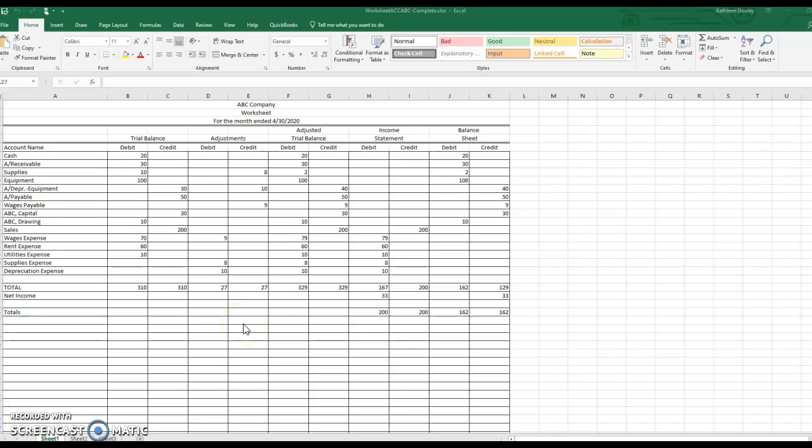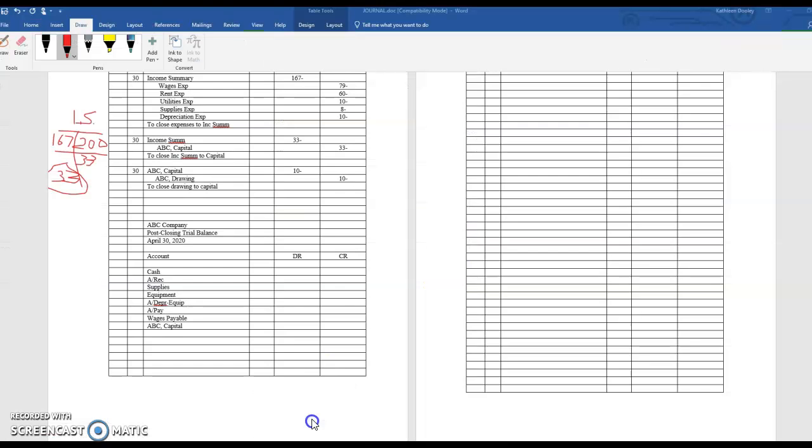To continue on, we know that all our revenues and expenses will be zero. We know drawing will be zero. We know the capital number will be there, but it won't be 30. All the rest of these assets and liabilities will be the same. So we started out listing all the accounts that will still have a number. On a trial balance, if it has a zero balance, it doesn't need to be on the trial balance.